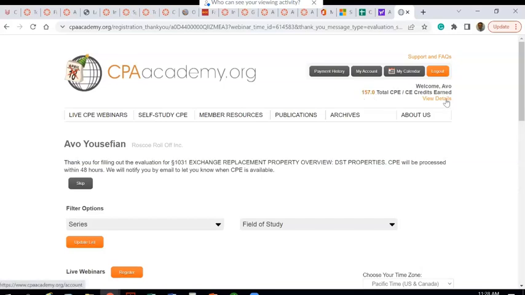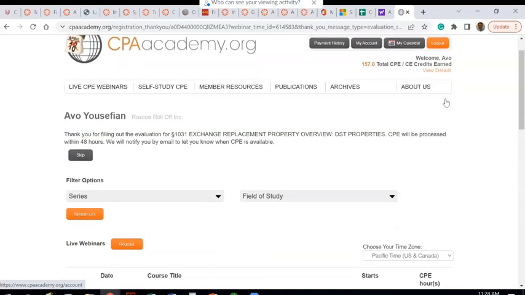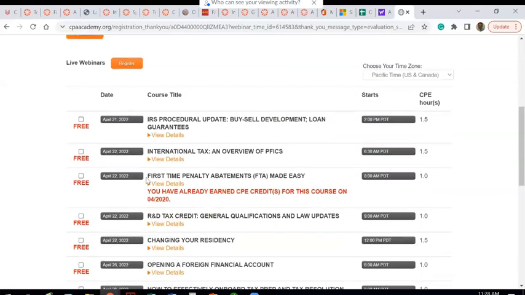I can view all those details, upload it as an Excel, and print every single certificate, for example. And also, let's say for the next few days, if I'd like to earn more hours that I need for my CPA license, I can choose any of those classes that are there.